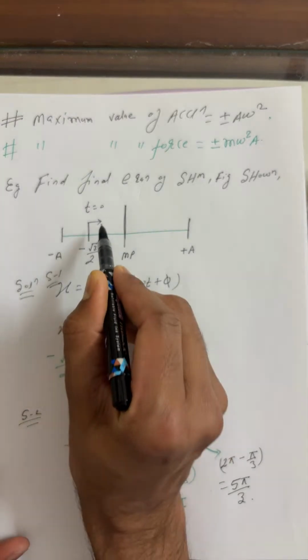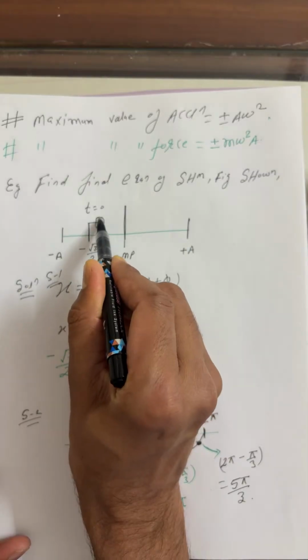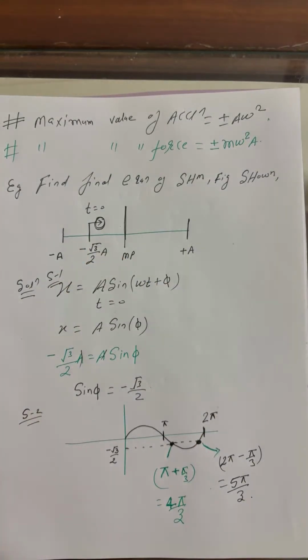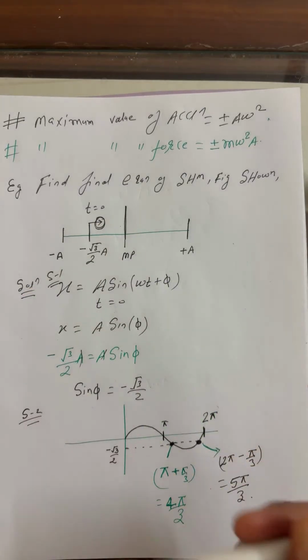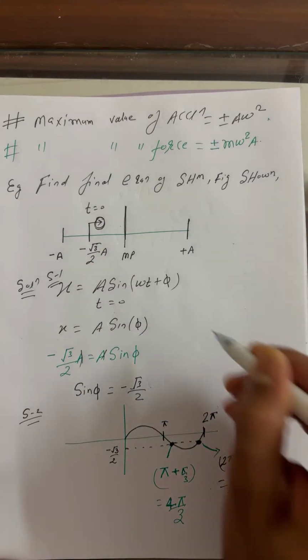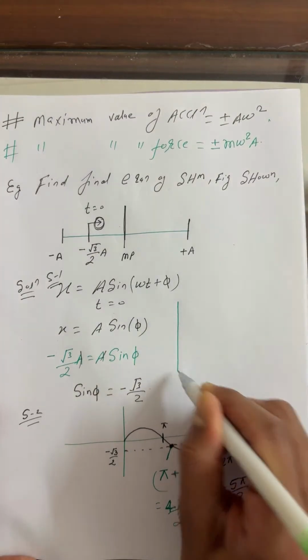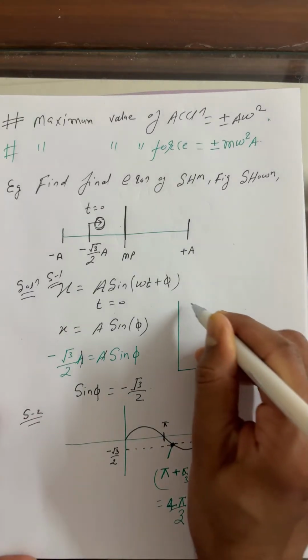Now, this is the direction of motion of velocity. Direction of motion of velocity, right? So velocity is positive here. So we have to recall the cos function. I'll discuss this step 3 for this question separately here only.